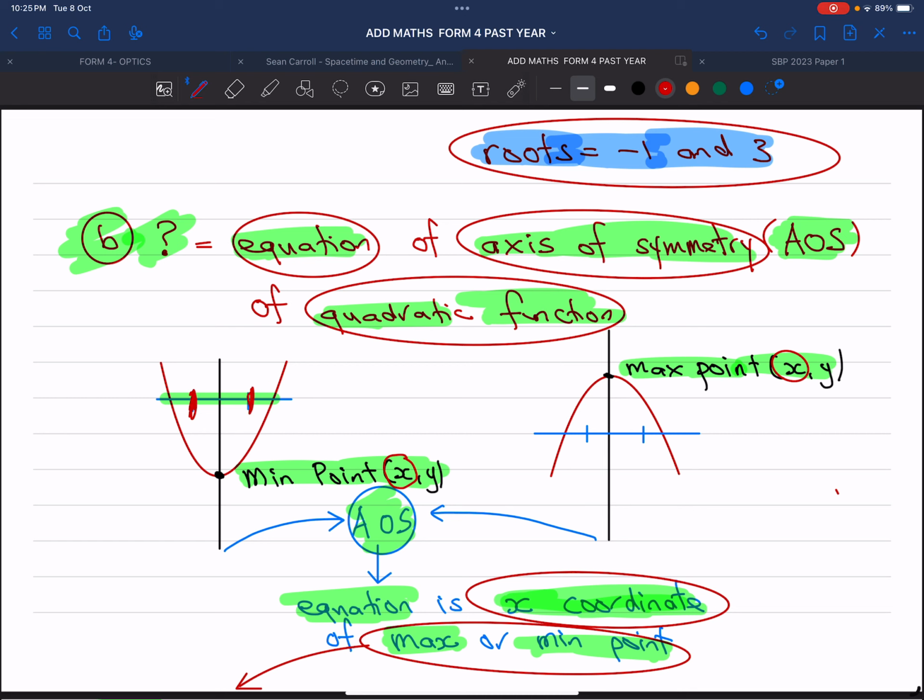And it will divide the graph into two equal parts because it is symmetrical. So this part and this part, the length is the same. We are going to use this property that the axis of symmetry divides the graph into two equal parts.